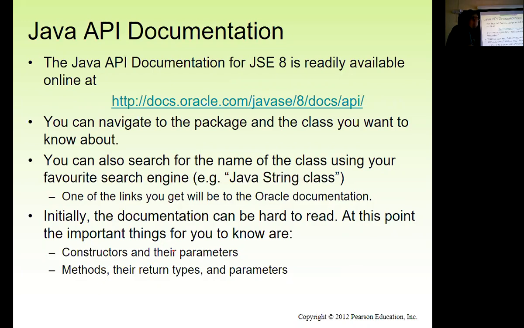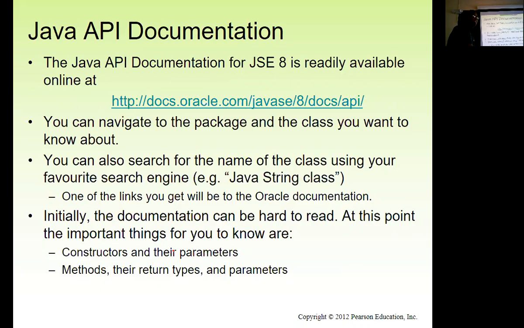Things you want to know: constructors and their parameters, methods, their return types and parameters. So when you go, for example, to the Java lang package and you see the String class, and you click on String, what you will see is a list of all the methods, what the constructors are, what they take in and what they return.